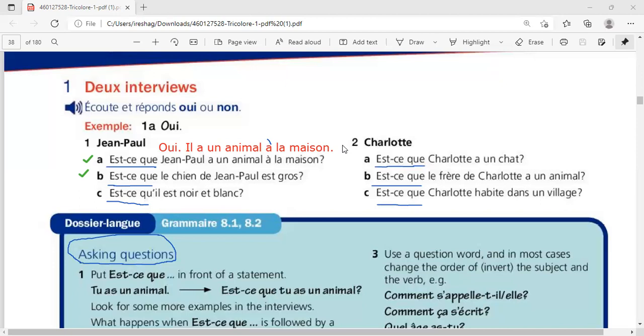Okay, I want everybody to write down the answer starting with no. Est-ce que le chien de Jean-Paul est gros? Start the answer with no and complete the answer.